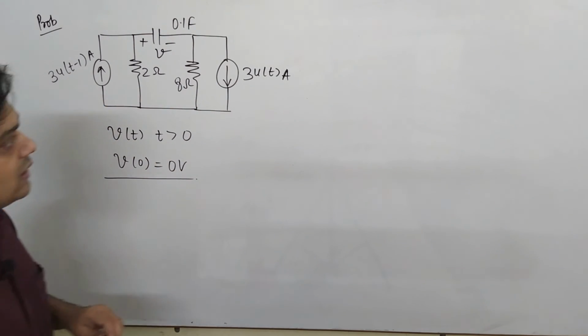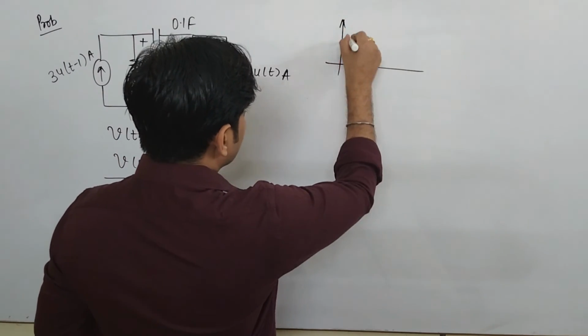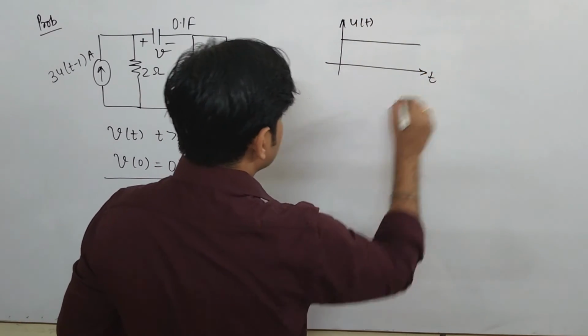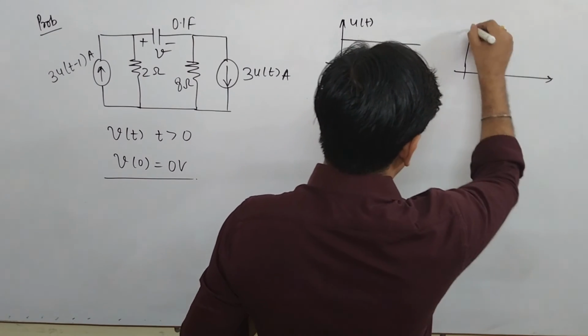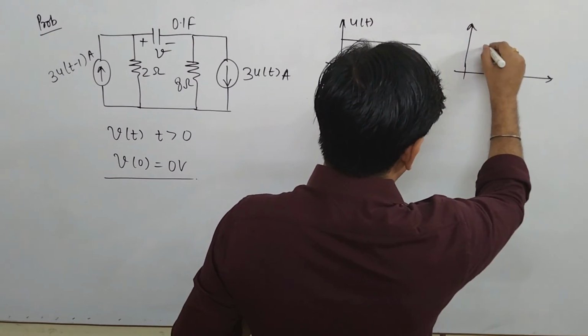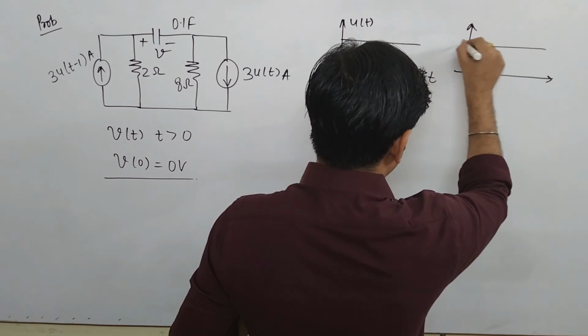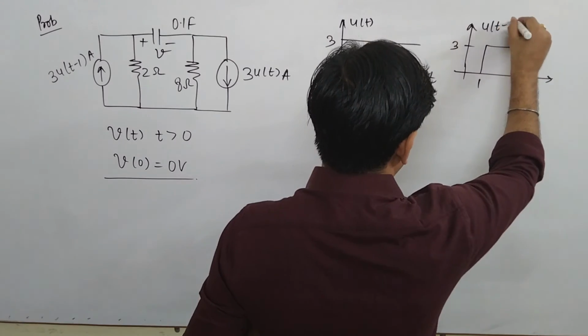3u(t minus 1). So before going for this question, first of all we will see what is u(t). I already told you in my previous sessions, this is u(t). If you talk about u(t minus 1), that means this signal is shifted to time t equal to 1 and this signal will become u(t minus 1).